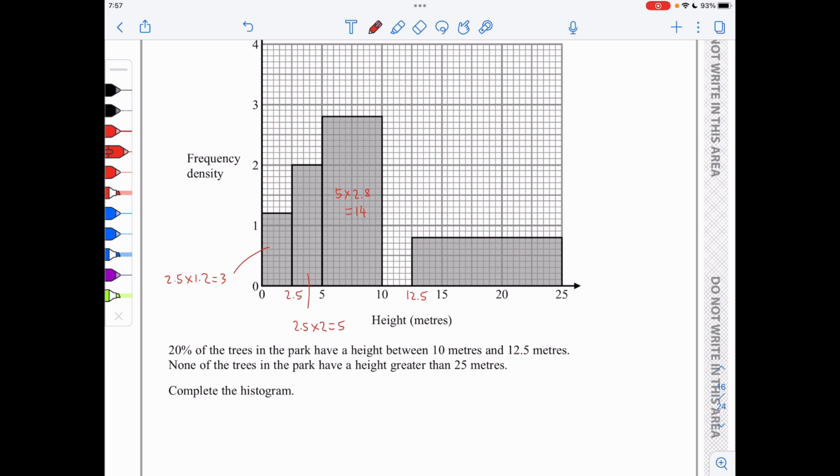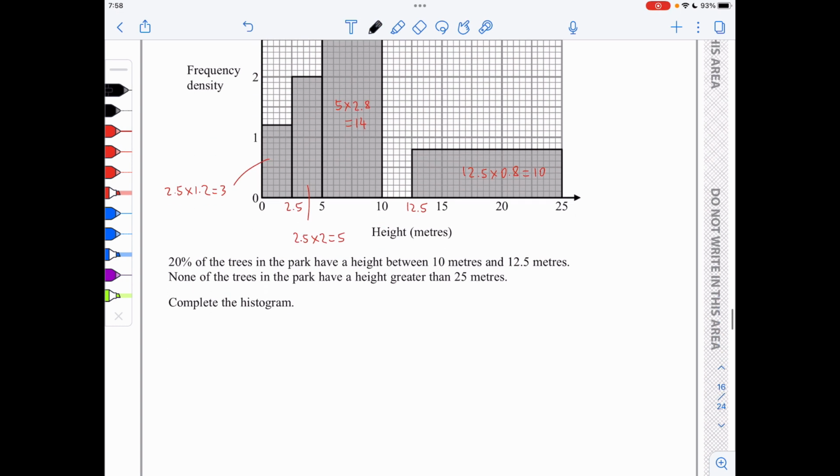And then from 12.5 up to 25, it's 12.5 times a height of 0.8, which is equal to 10. Now I will add this up. So 3 plus 5 plus 14 plus 10 is equal to 32.